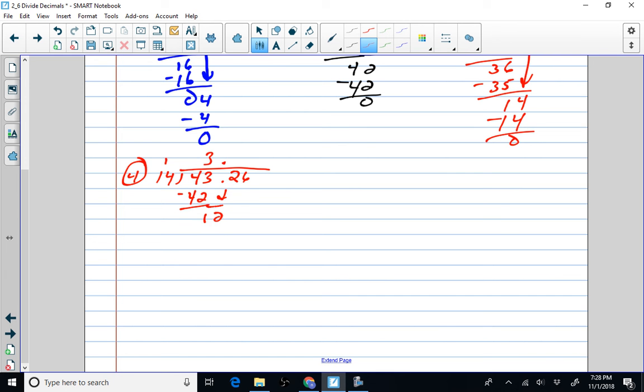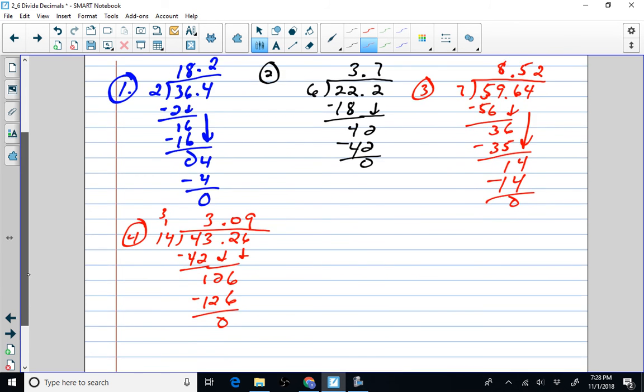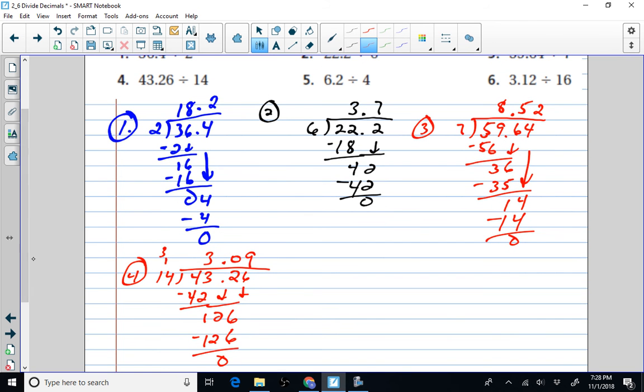Bring down the 2. 14 can't go into 12, so 0 goes in our quotient. Bring down the 6. 14 into 126, that's going to go 9 times. 9 times 4 is 36. Put down the 6, carry the 3. 9 times 1 is 9, and 3 is 12. Subtract, we get 0. So 3 and 9/100ths is our quotient.